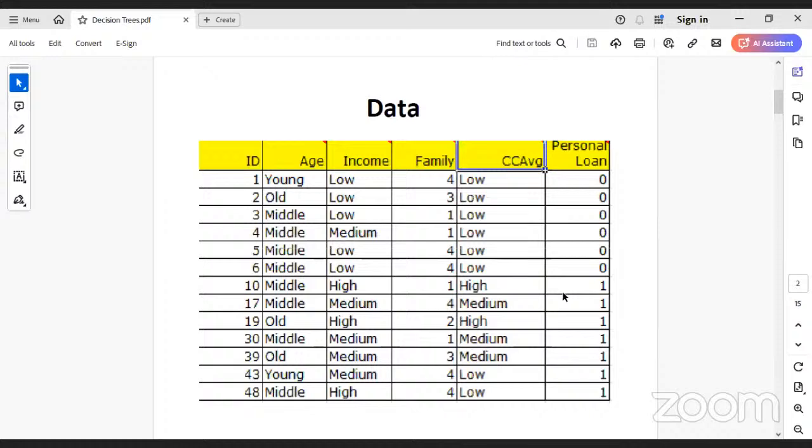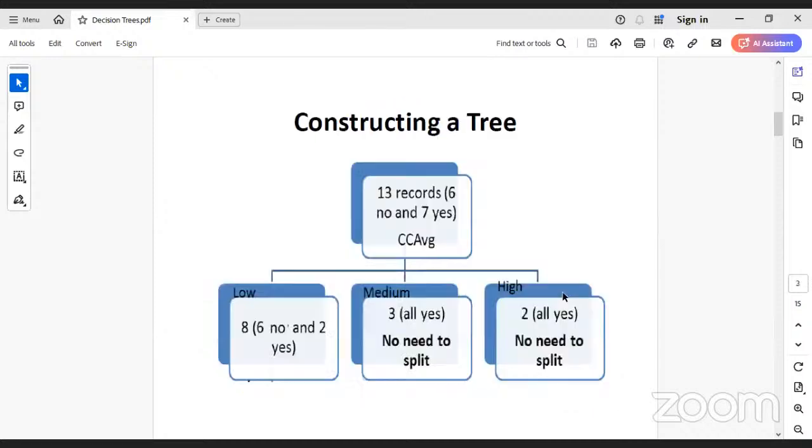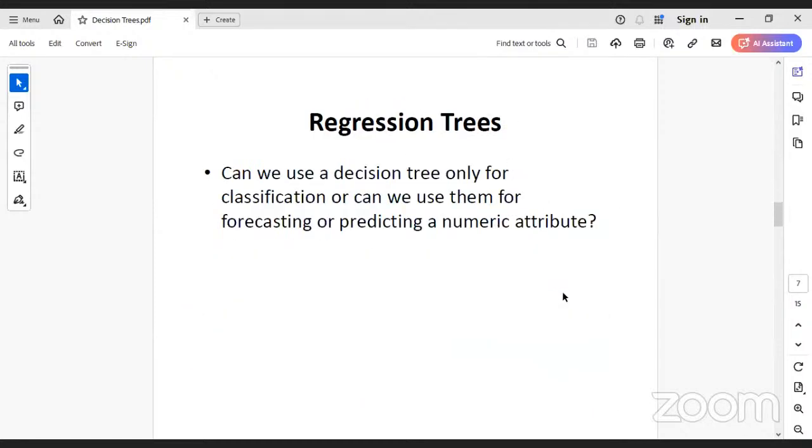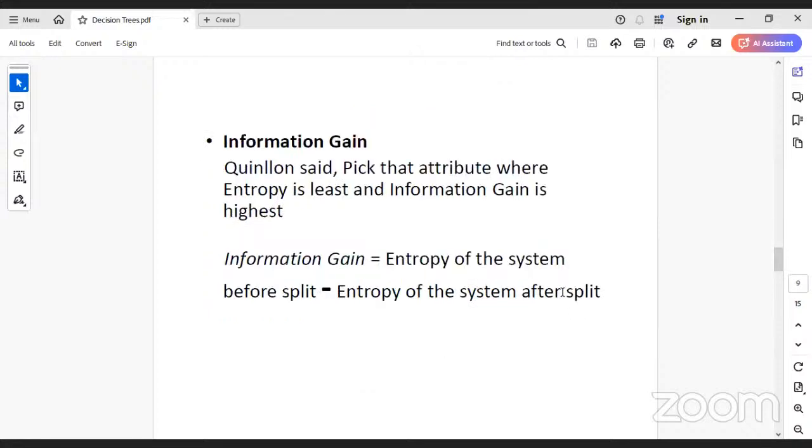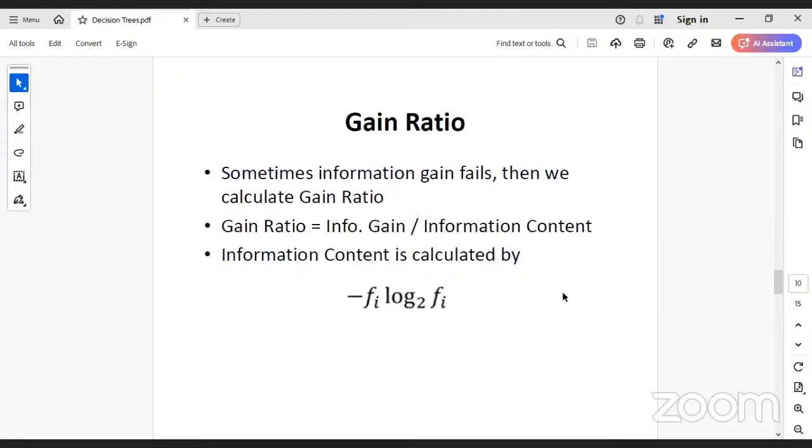So they said that we should somehow remove its effect. What they did is they divided this information gain by the number of levels, categories, classes in each column, and they called it gain ratio.